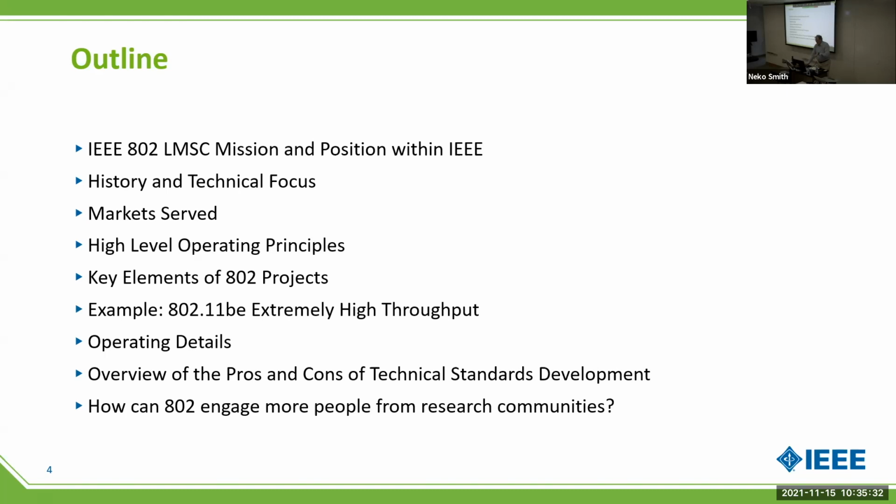Then I'll go into a little more specific details about the standardization process. And the last part is going over the pros and cons of engaging in standards development. And most importantly, this last bullet is how can we, 802, engage more people from research communities? I really would like to beef up the number of people that are involved in 802 activities.